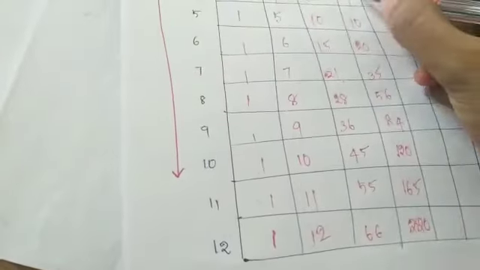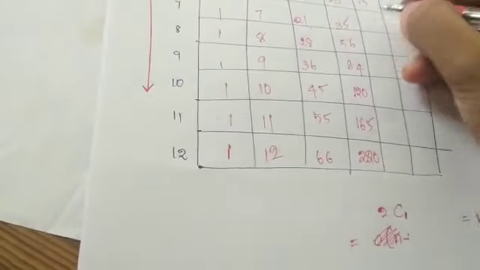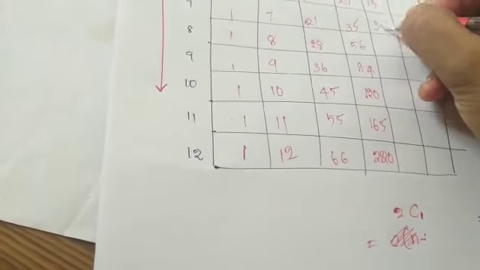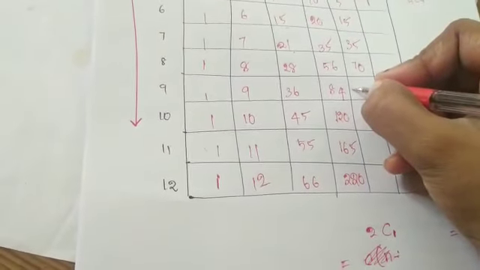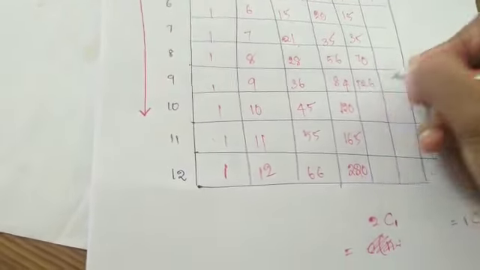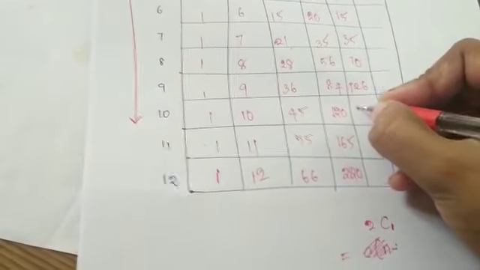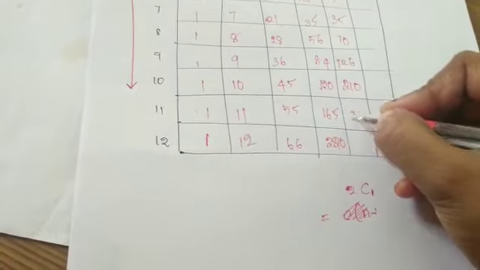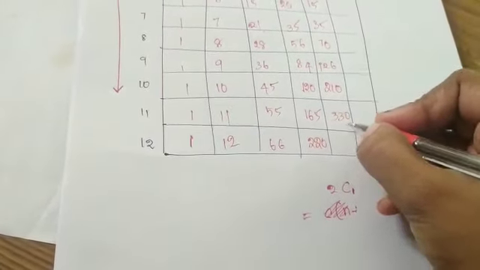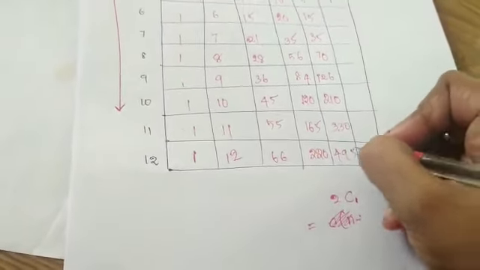And here 4 plus 1 is 5, 10 plus 5 is 15, 20 plus 15 is 35, 35 plus 35 is 70, 56 plus 70 is 126, 84 plus 126 is 210, 120 plus 210 is 330, 165 plus 330 is 495.